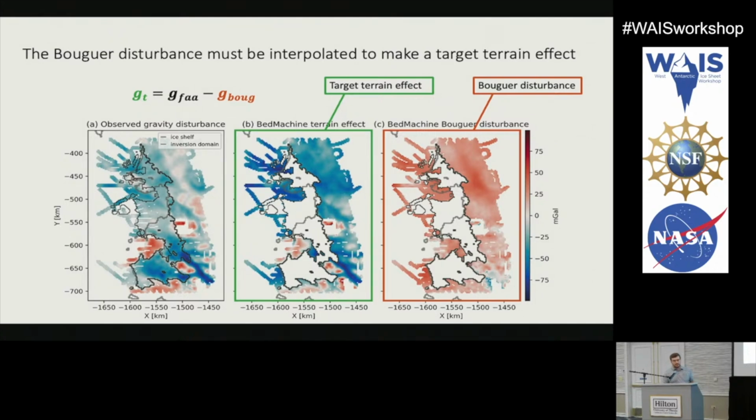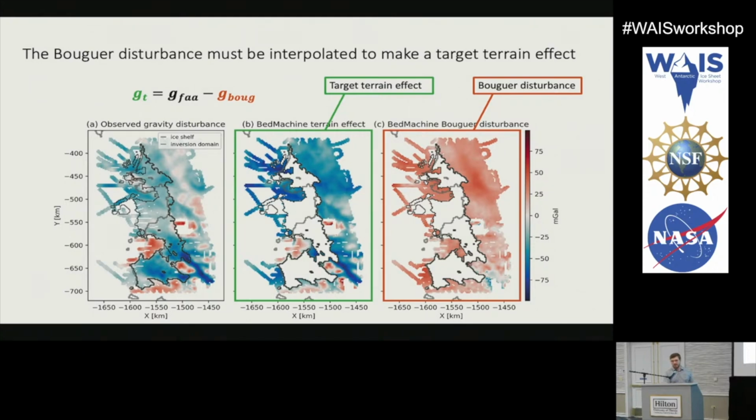And the real critical point here is that however you choose to interpolate this, that's what's dominating the inversion. So if you do a spline interpolation, you do minimum curvature, you could Krig it, you could do radial basis functions, whatever. But all those methods are going to give you one map of what that looks like.